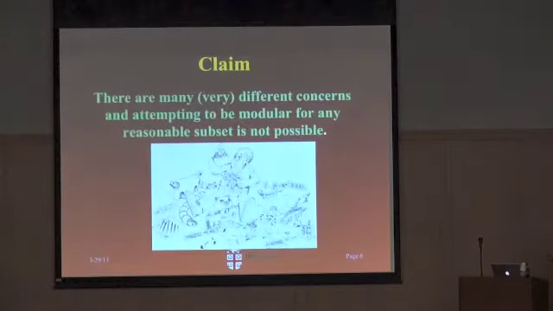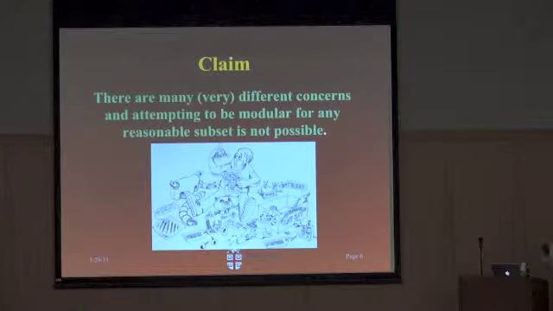Another way of saying it is there are many, very different in some cases, concerns, and attempting to be modular for each of those concerns, which is what you want to do when you're programming, or debugging, or maintaining code, or adding new features, or trying to find a bug. Attempting to be modular for any reasonable subset of these is not going to be possible.